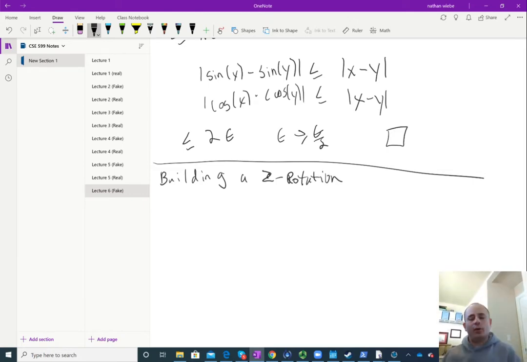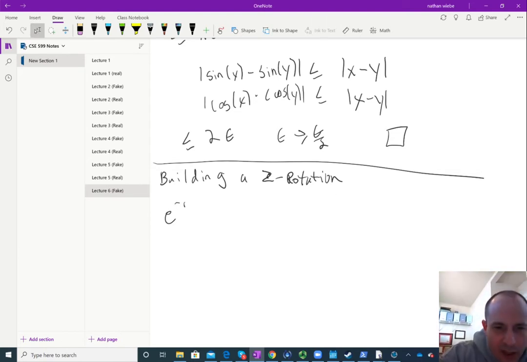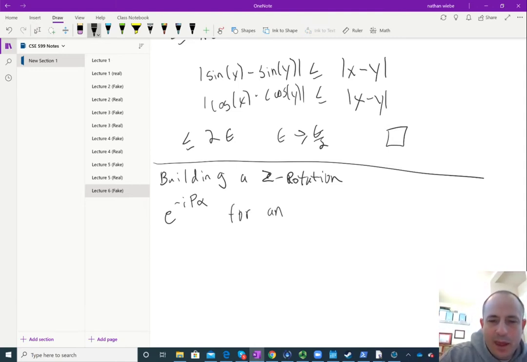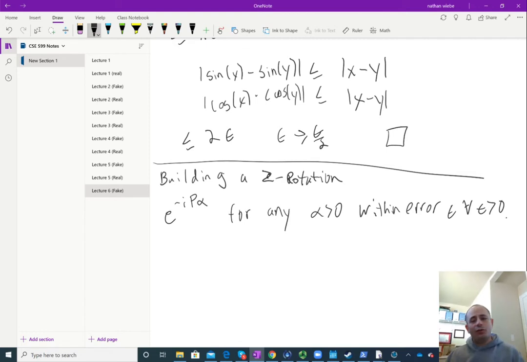Okay, so this, unfortunately, shows you that we can build e to the negative i P alpha for any alpha greater than 0 within epsilon, for all epsilon greater than 0. So we can closely approximate any arbitrary rotation about the P-axis. What we want is instead to be able to make our Z of alpha.